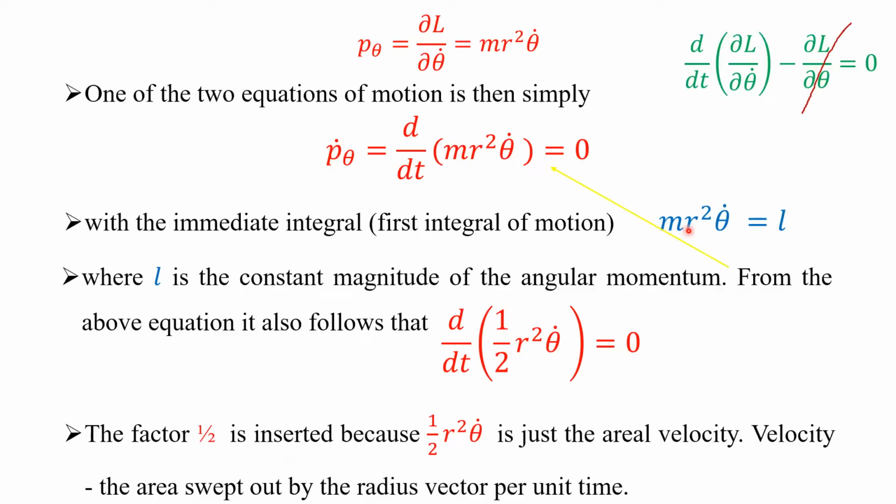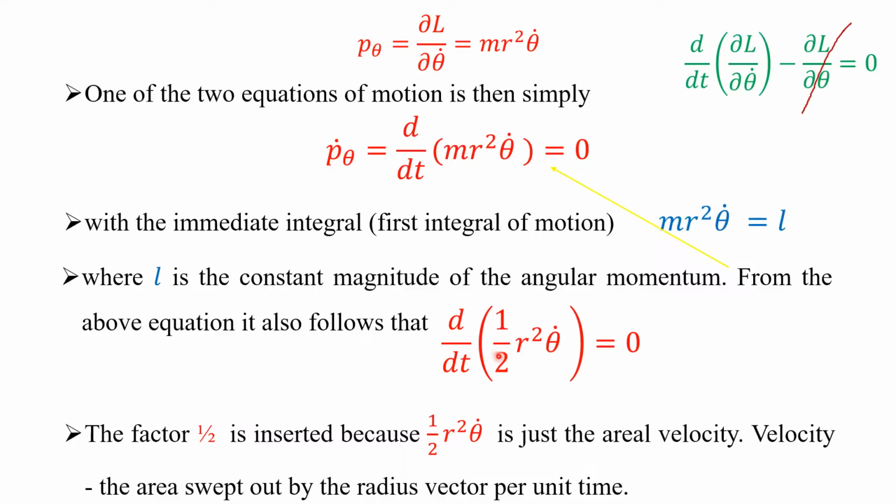If you differentiate r squared theta dot on the left hand side, the right hand side, L by m, is constant, so it will be 0. So that is what I have written: d by dt of r squared theta dot, because I have brought m to the right hand side, is equal to 0.